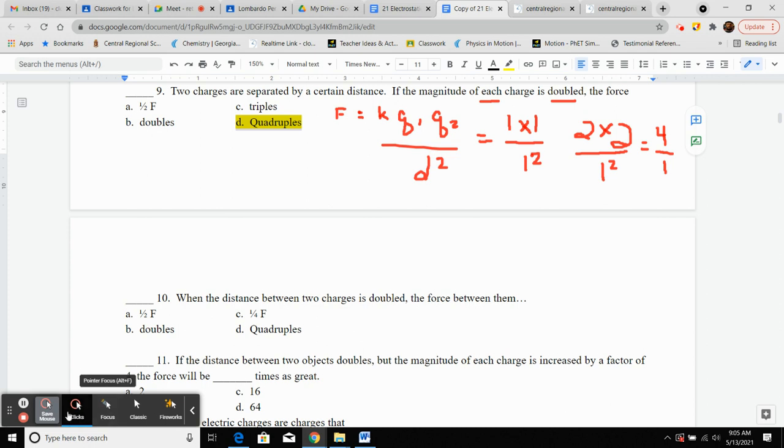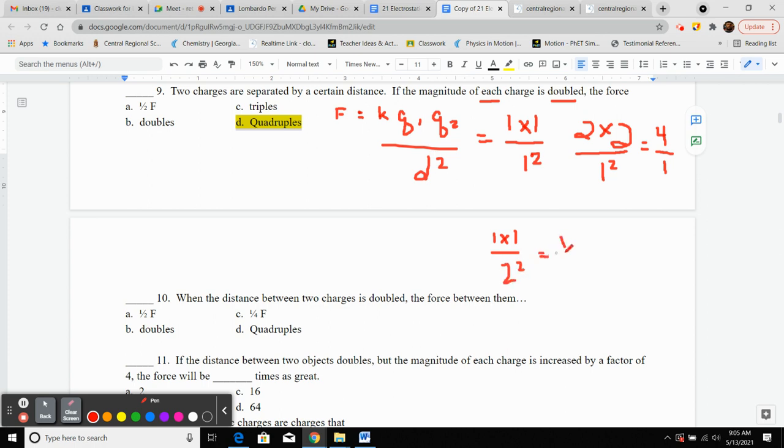So it would be 1 times 1 on top divided by 2 squared on bottom. So what does that come out to be? So you would have this 1 times 1 over 1 squared. So the charges don't change, so they would both stay 1. Good. Okay, the bottom would become a 2.